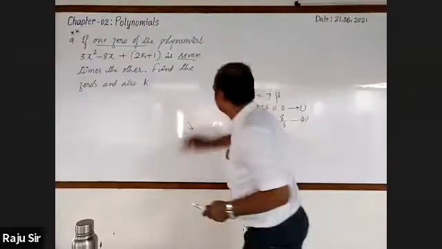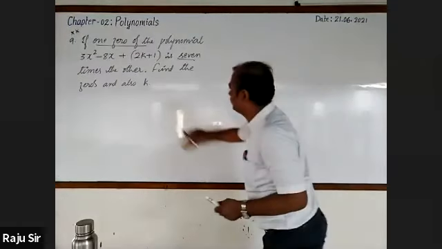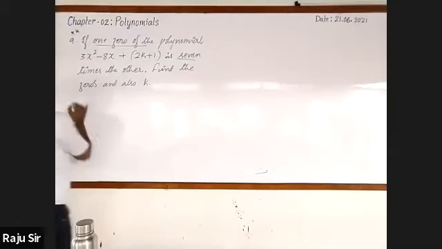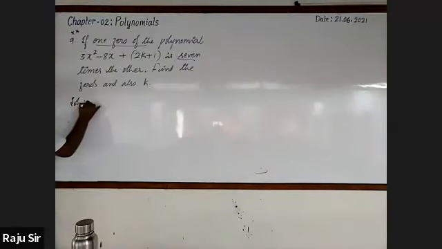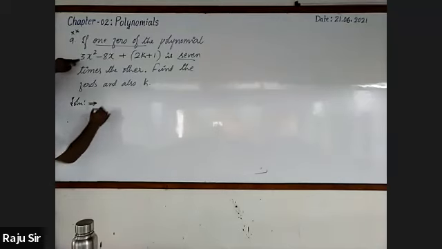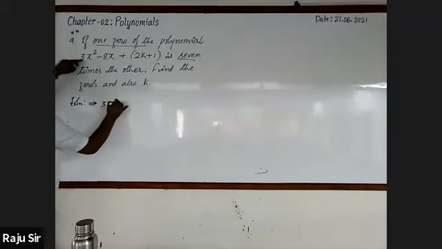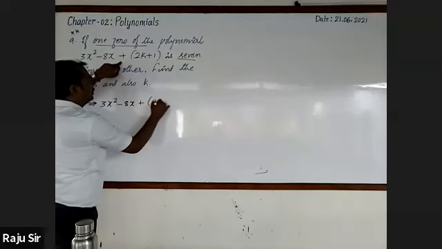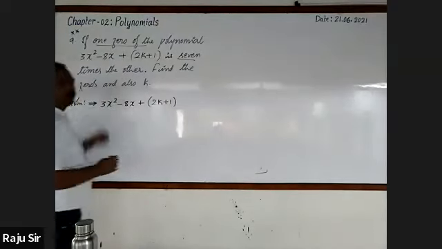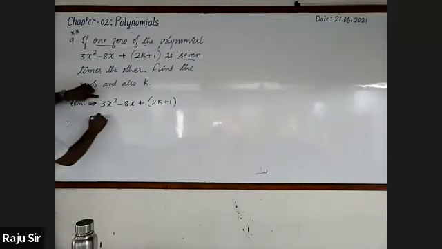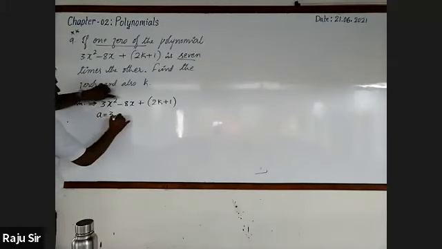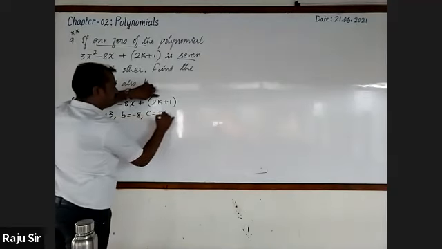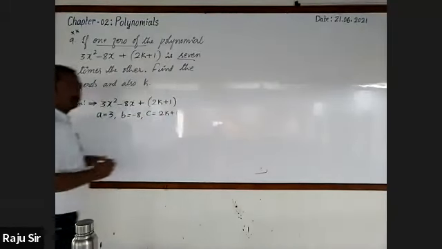Let us go for solving the problem. Write the given polynomial: 3x square minus 8x plus 2k plus 1, where a is 3, b is minus 8, and the constant c is 2k plus 1.